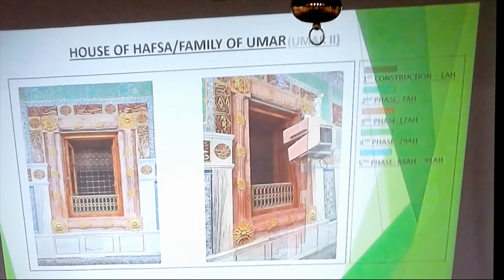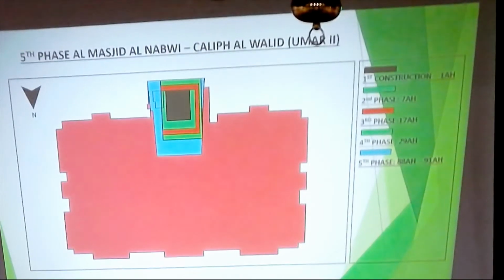The next phase of the extension was during the time of the Khalifa Walid ibn Abdul Malik. As you can see with his extension, which was the blue area, he was in Damascus, and at that time the governor of Medina Munawwara was Umar ibn Abdul Aziz rahimahullah ta'ala.